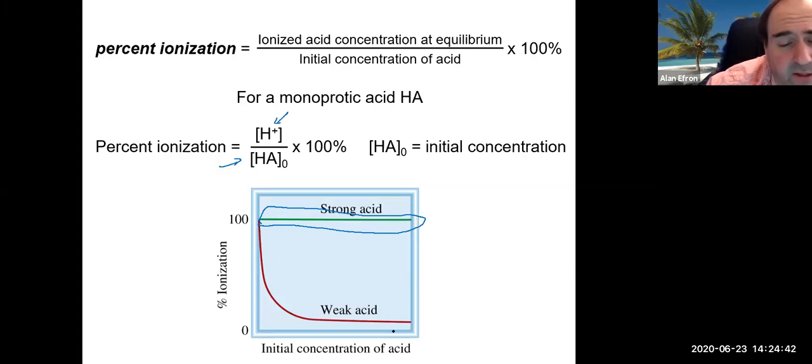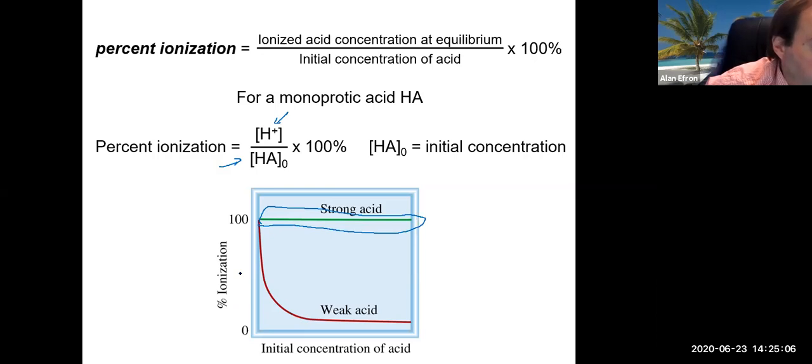If your concentration is big to start with and you lose a little bit of it as it ionizes, the change is not going to be all that much, as opposed to if you started with just a small amount. If you lose a little bit of that small amount, that is a bigger percentage of the whole. And that's why we see a greater percent ionization as the concentration is smaller.